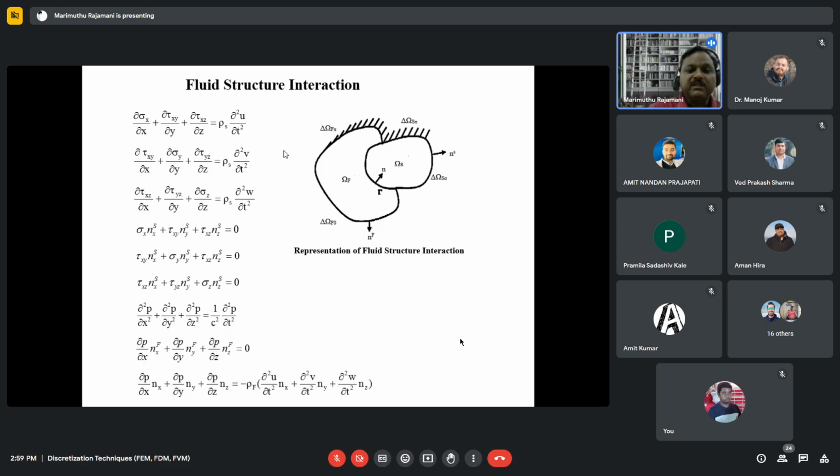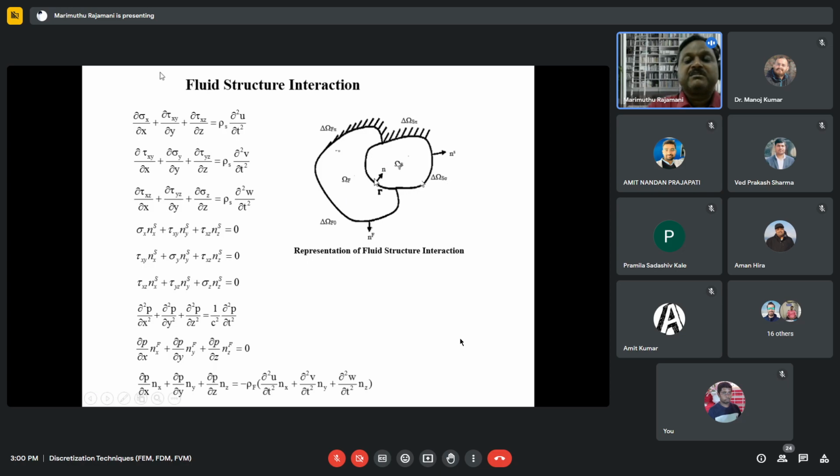And I will give a general representation of the fluid structure interaction problem. The structural domain is marked as omega s, and omega f is the fluid domain, and omega f0 is the free surface of the fluid, and delta omega s0 is the free surface of the structure.